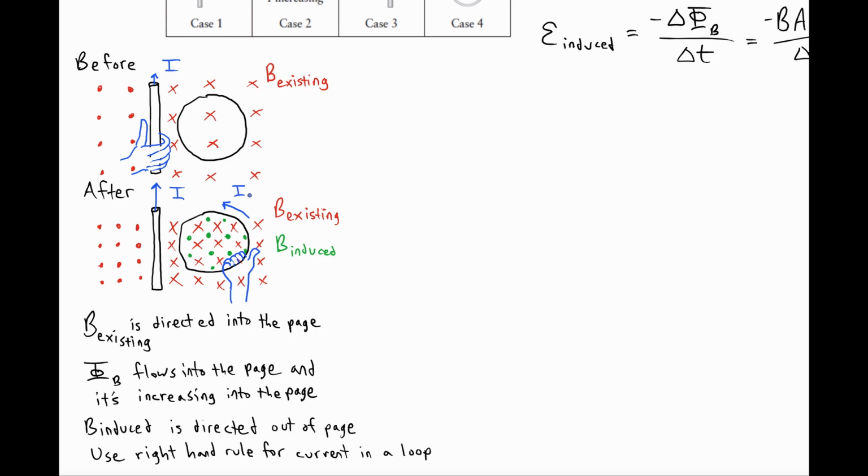It's called I induced. And it'll just go through the whole loop. All right, I hope that example is clear.